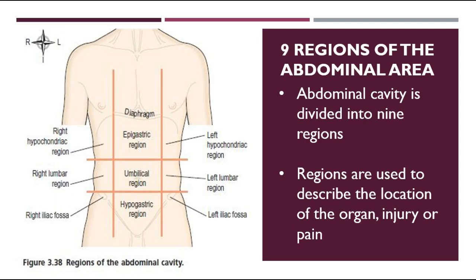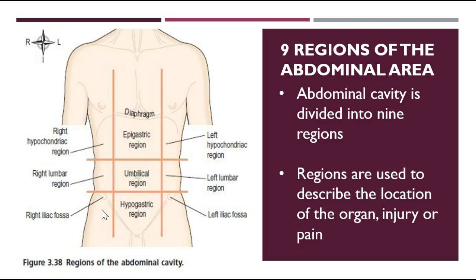The 9 regions are the epigastric, the hypochondriac region, either at the right and left, the umbilical region, the left and the right lumbar region, the hypogastric region, and the left and right iliac fossa.